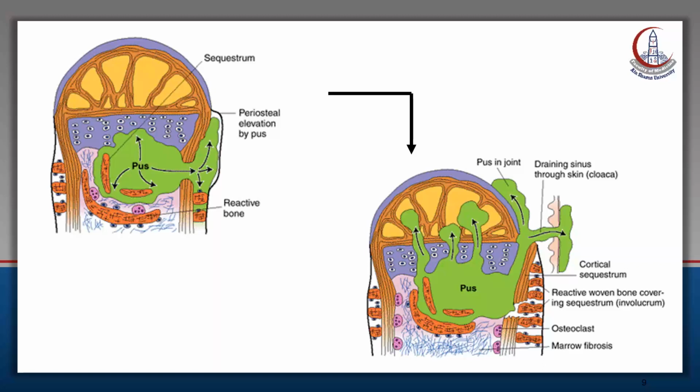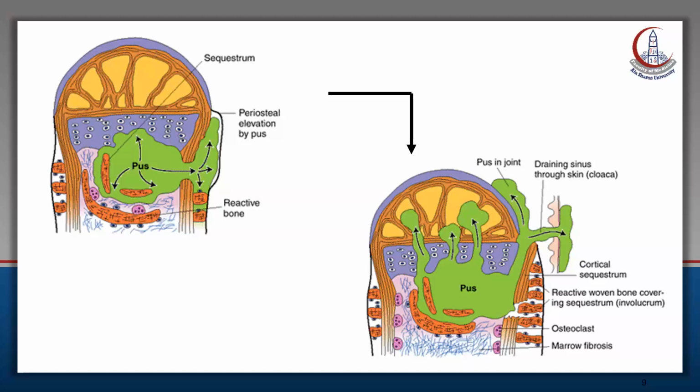As we said, with more and more expansion and perforation of the blood supply, there is necrosis of this part of the bone, which we call a sequestrum. It's an avascular piece of bone.